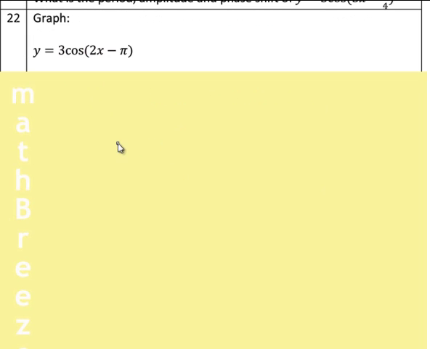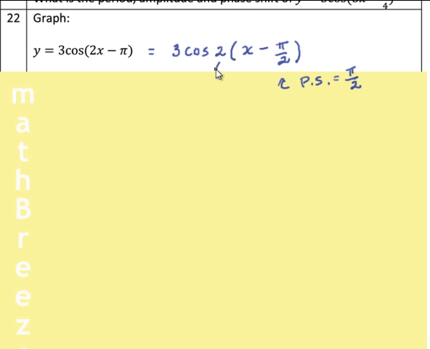In number 22, we want to do this graph. So let me first factor out the 2 so that we'll know the phase shift. So that would be x minus pi over 2. So we have a phase shift of pi over 2, and that's where we'll begin our graph.